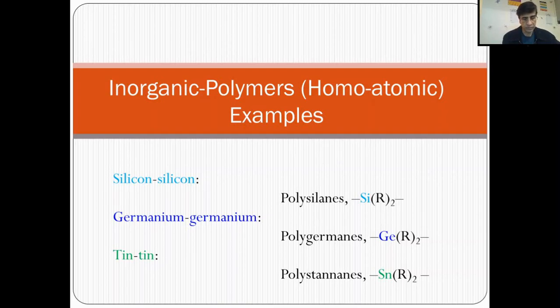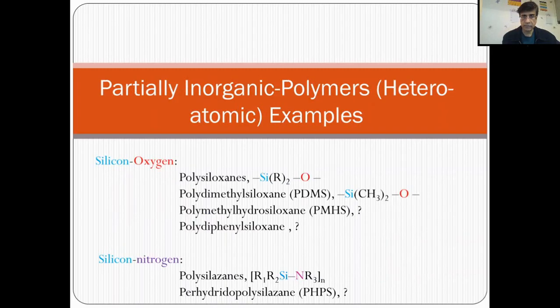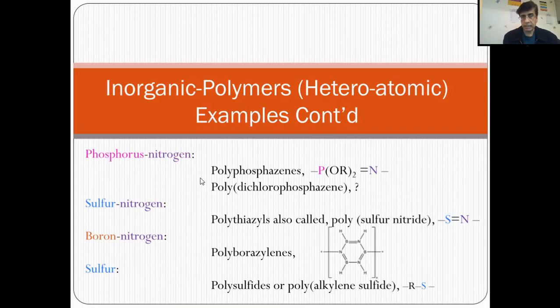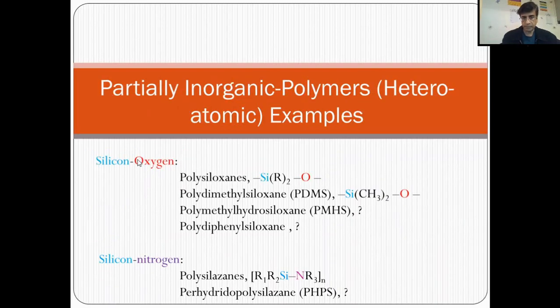Now in some cases, when you have heteroatomic, means in the backbone you have two kinds of atom. Like here, look here, silicon-oxygen connection. In the silicon-oxygen connection, the name of the compound is polysiloxane. See here, polysiloxane. Sil means silicon and ox means oxygen. So silicon is here.